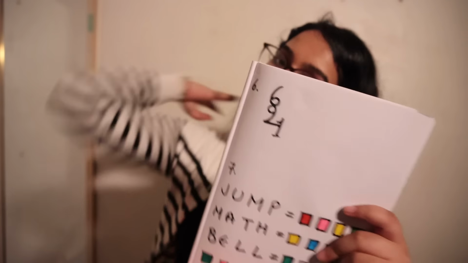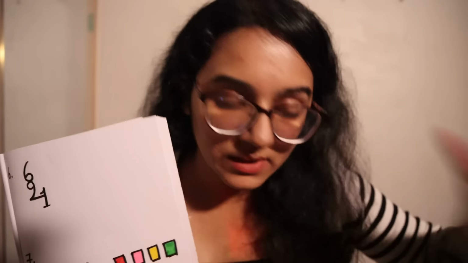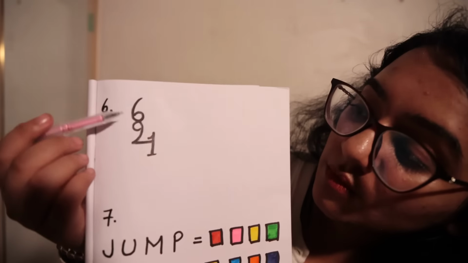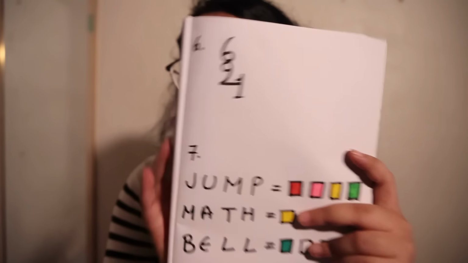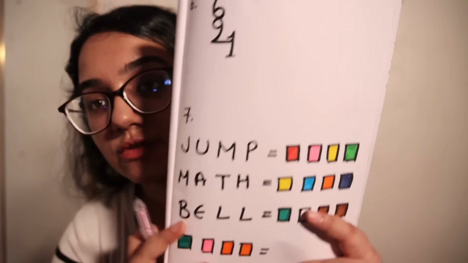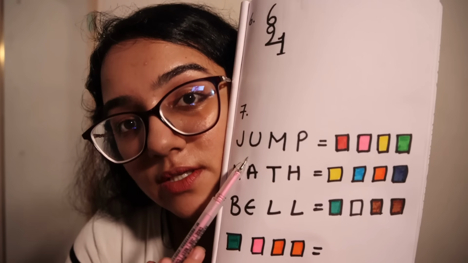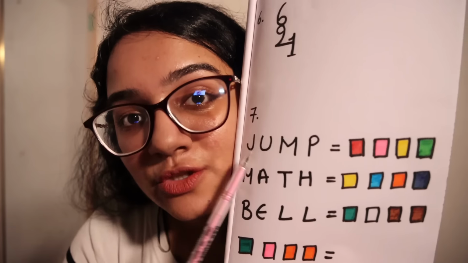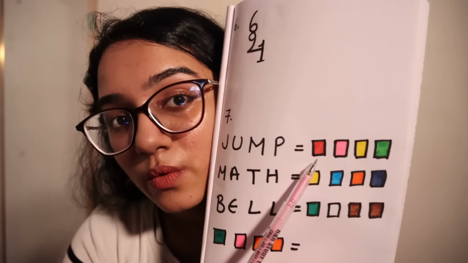Okay. So how many numbers do you see here? How many numbers? Alright. Okay. Got it. Now, next question. We have these letters, and each letter has its own color assigned to it.